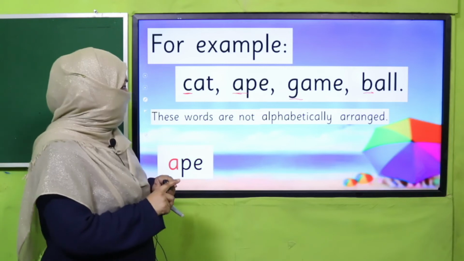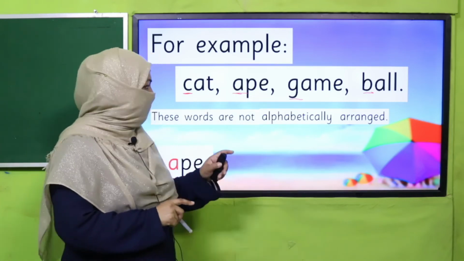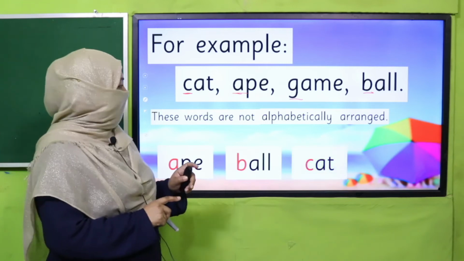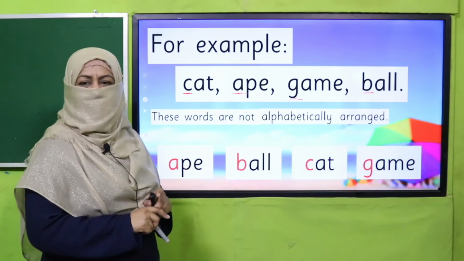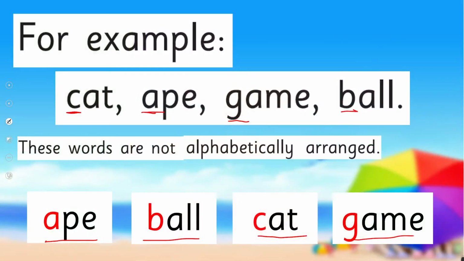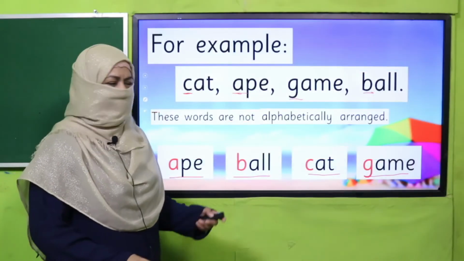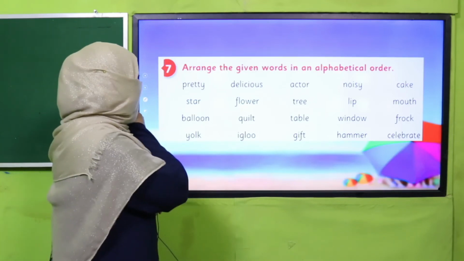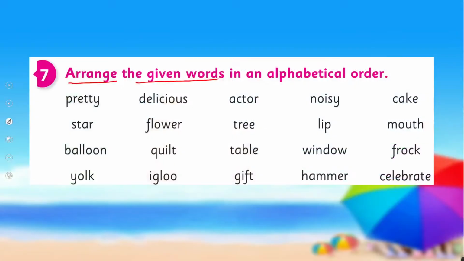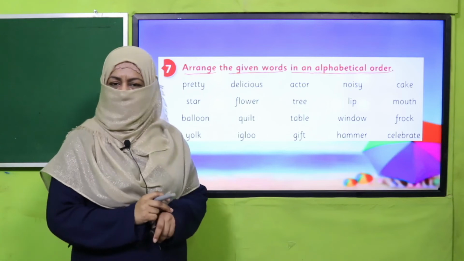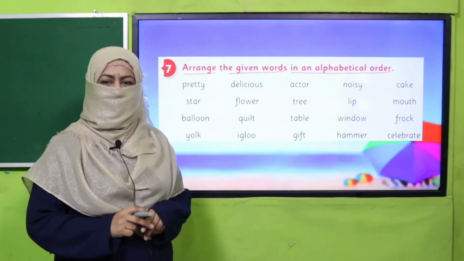Then next is B. There is no word starting with B. No, there is. So next come B, C and G. This is the alphabetical arrangement of words. Are you clear? Okay, so let's practice it in your book. All of you open your book and arrange the given words in alphabetical order. All right, so pause the video, complete this exercise in your notebooks and then come back.